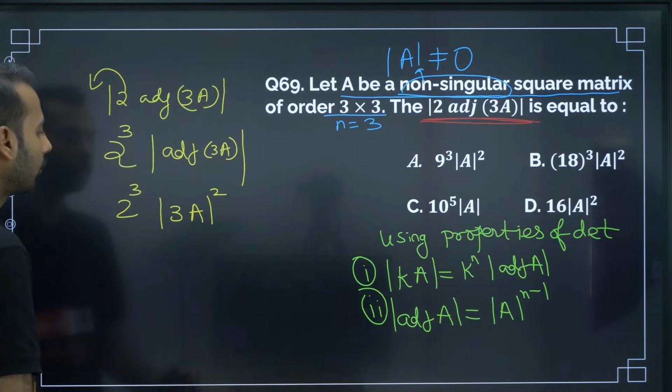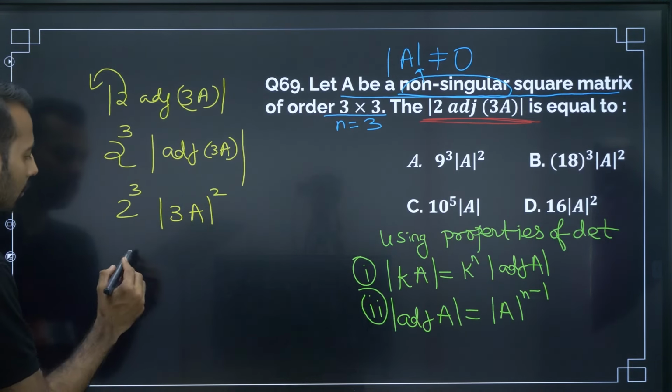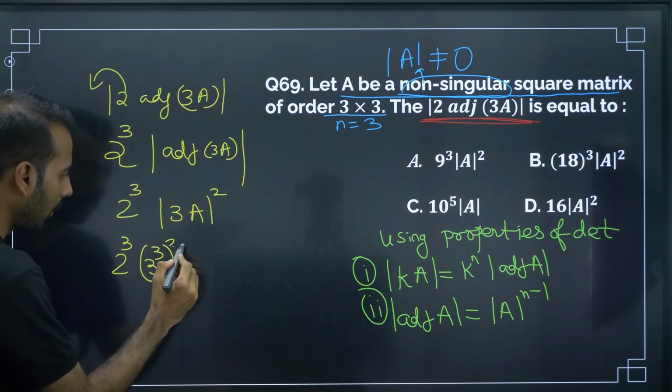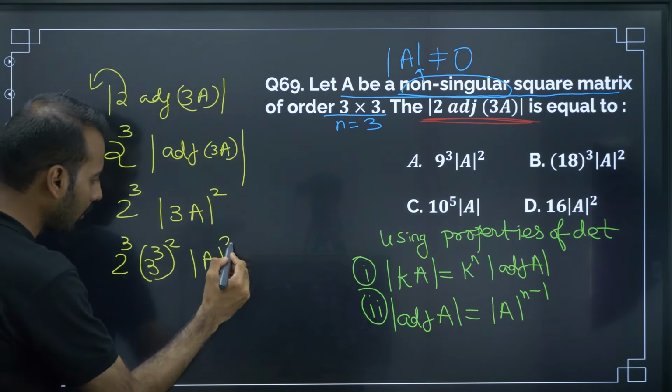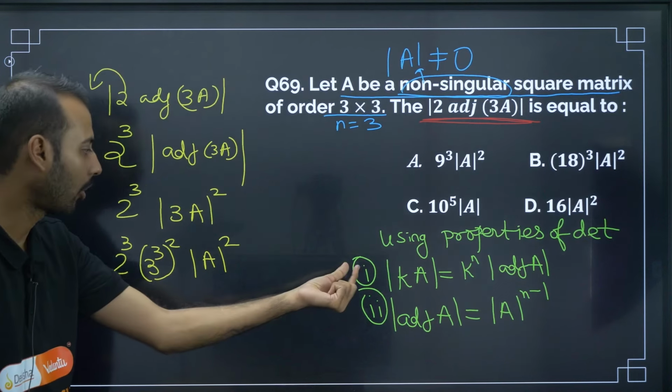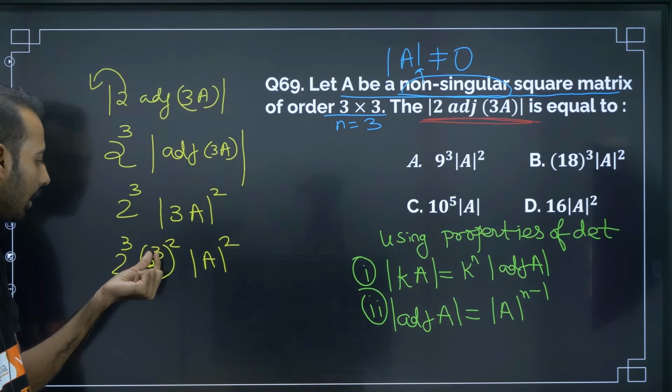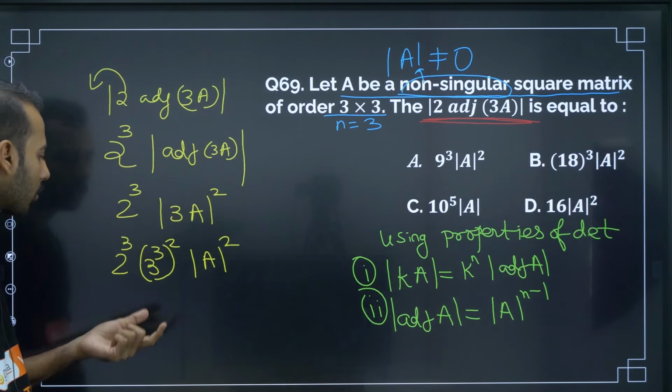Once again, if I use this, this becomes 2 cube, 3 cube squared, determinant of A square. Here again I am using the same property. 3, when it is coming out of that, becomes 3 cube, and square is already there, so squared.